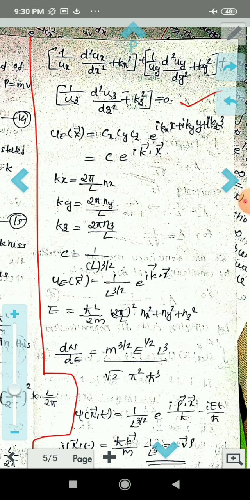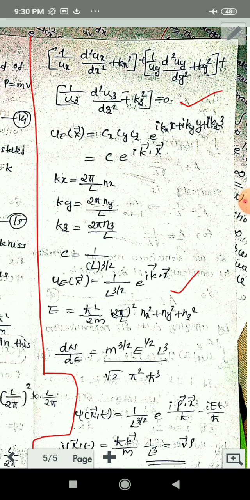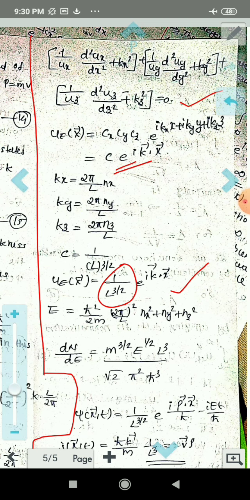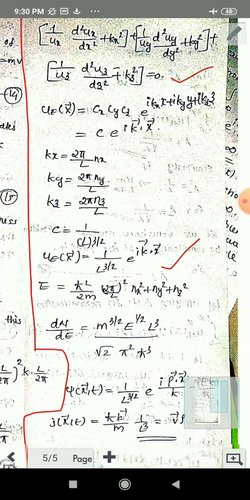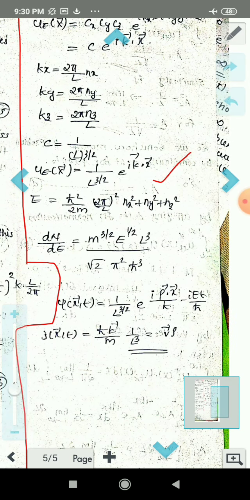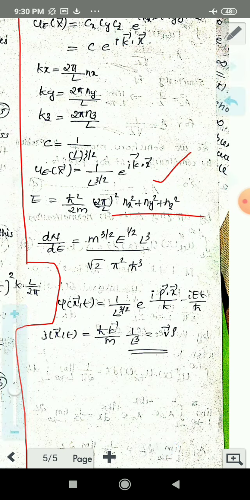So c is equal to (1 by L) raised to 3 by 2. Substituting the value of c, we got u as 1 by L raised to 3 by 2 into e raised to i k dot x. So our energy will be E equal to ħ² divided by 2m into (2π by L) whole square into nx square plus ny square plus nz square.